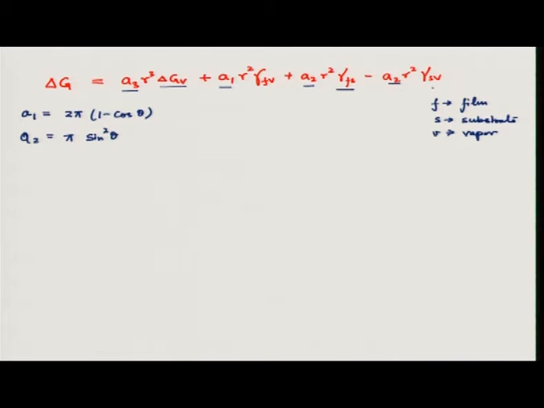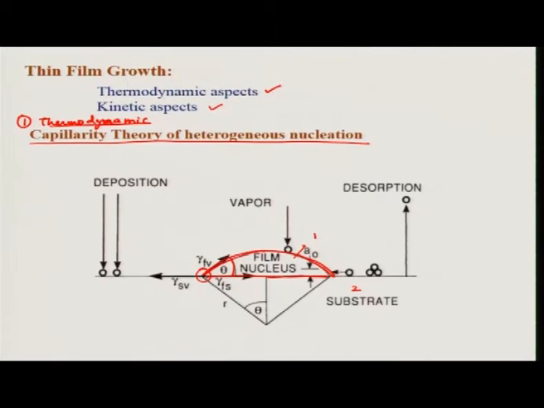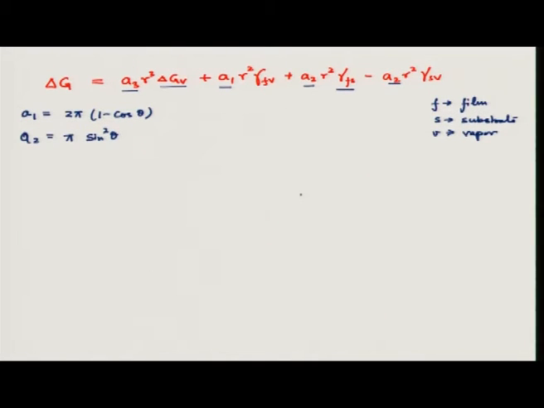So, this surface energy is decreased, it is subtracted. Now, if you check here, once this area is covered by film, this area of substrate is no longer in contact with vapor, right. So, this surface energy is gone, but there is a new interface. So, that surface energy is added.